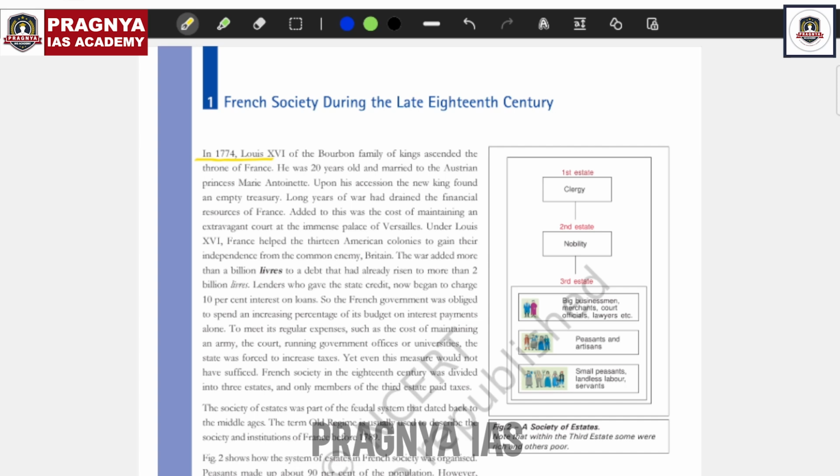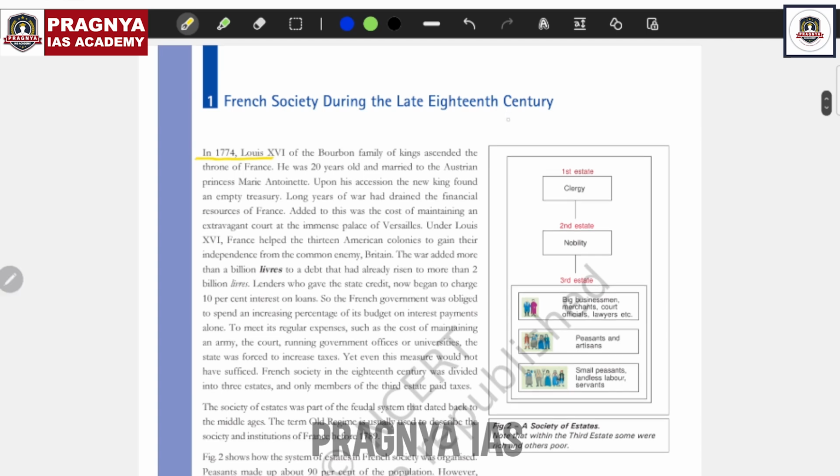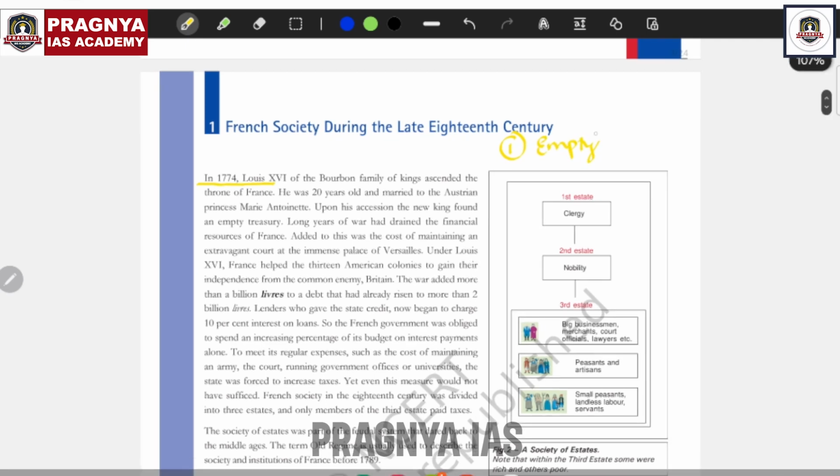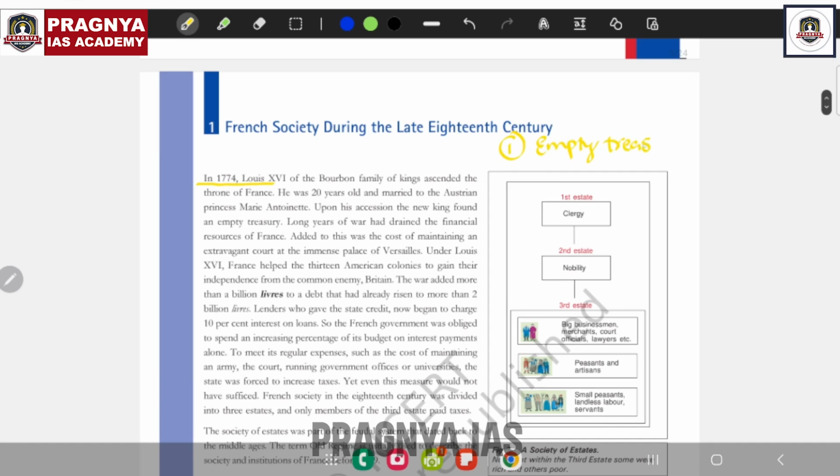Under Louis XVI, France helped the 13 American colonies to gain their independence from the common enemy, Britain. This war also added a burden on France. Yes, this was one of the reasons. After coming to the throne, Louis XVI saw an empty treasury.